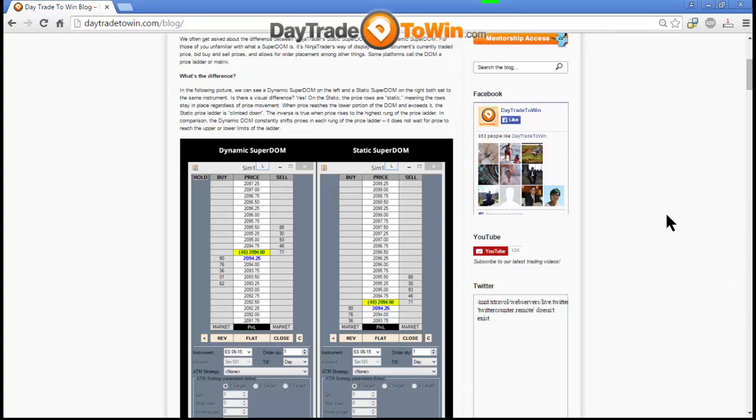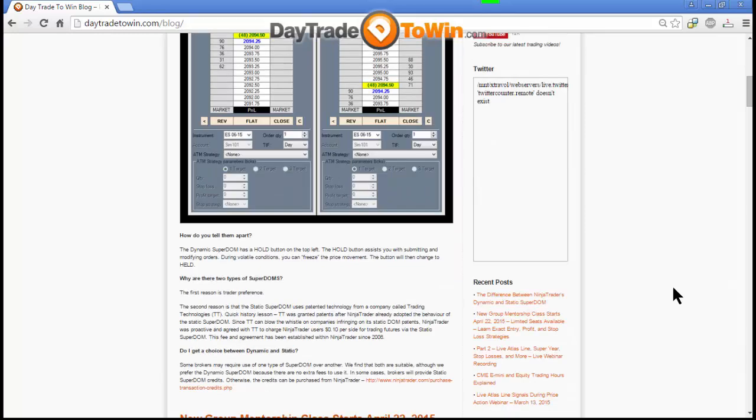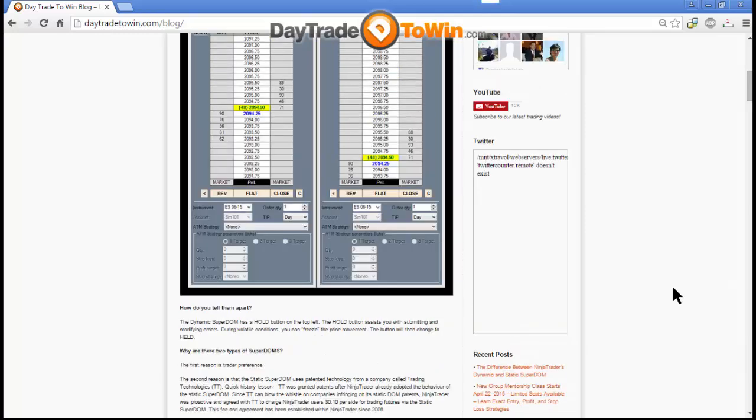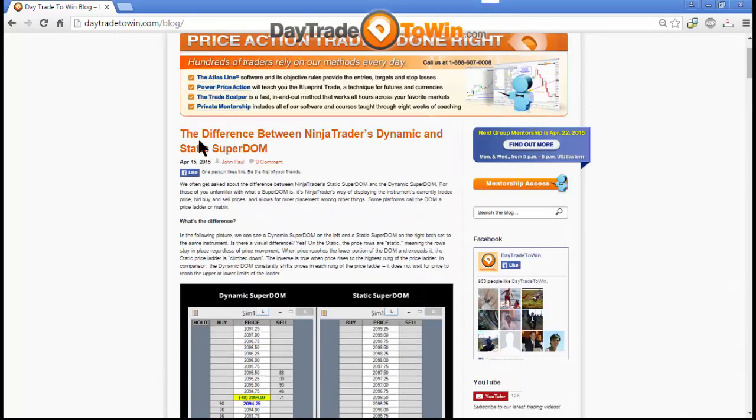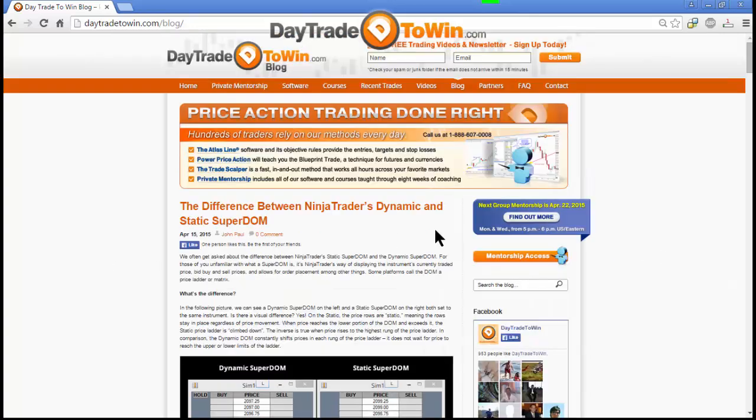The static Superdome price does not move around like the dynamic. There are also instances where brokers only support one or the other, so I created an article on it. If you have questions on the differences between the dome, take a look at this article written recently on the blog.